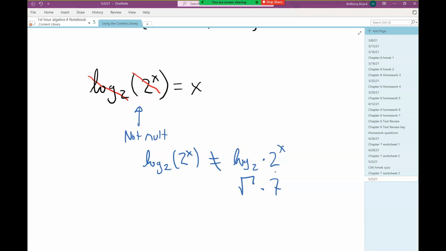Logarithm is an operation, it's not a variable, it's not a number. It's just the name of an operation. It would be like saying, oh, I'm going to multiply by the square root symbol, which I don't think any of us would do. That doesn't make a lick of sense at all, right?